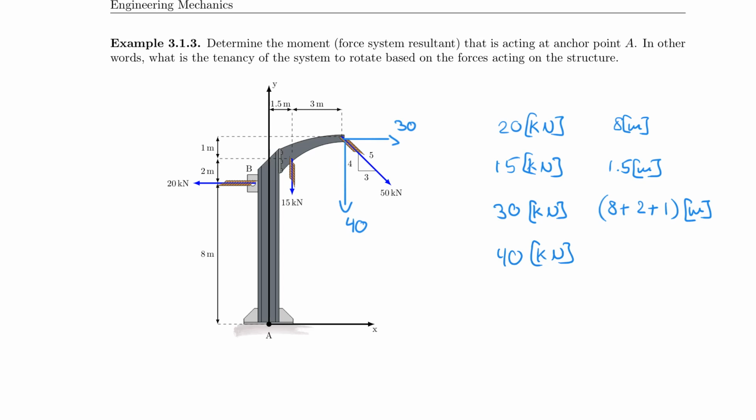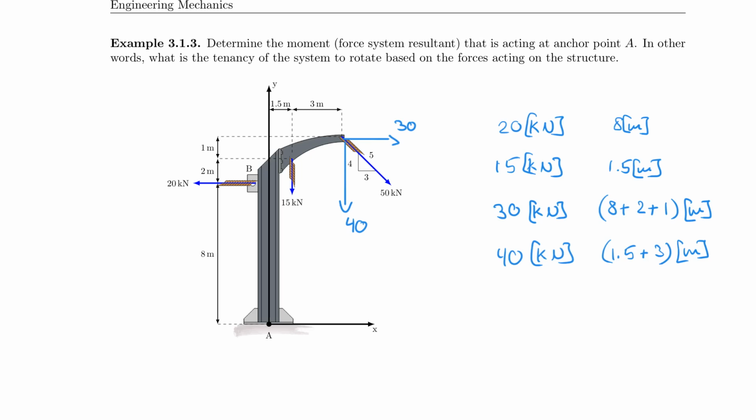It has a lever arm of 1.5 plus 3 meters. That is the distance from this force to this perpendicular lever arm, because you might as well have a line of action that goes all the way down here, which then would intersect with the x-axis. And so you have this perpendicular distance.